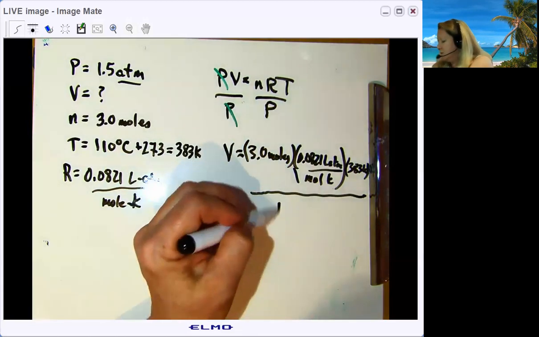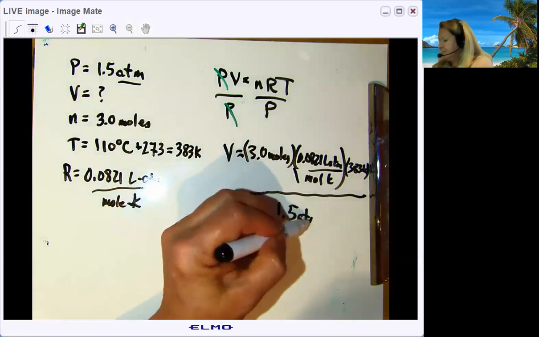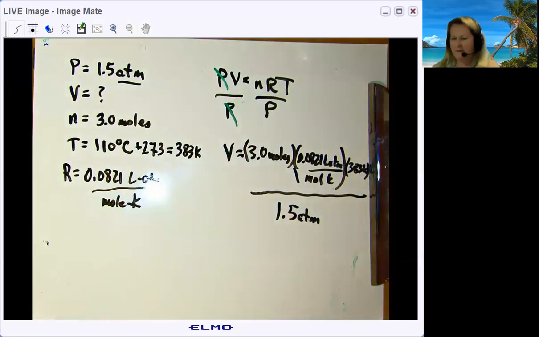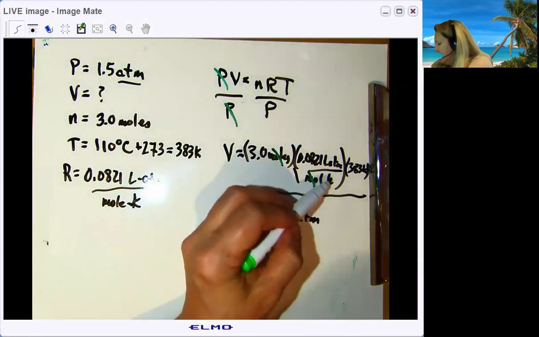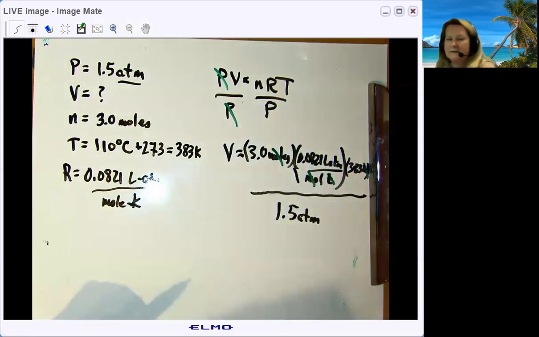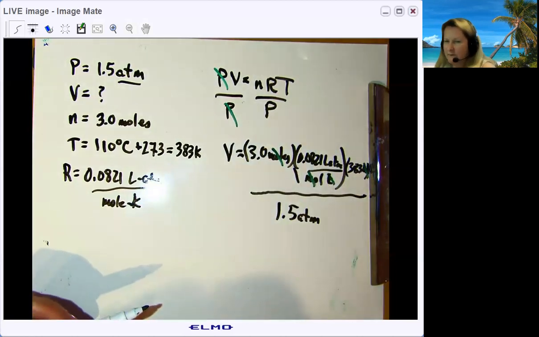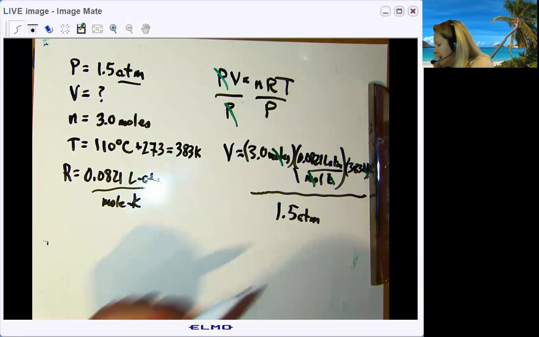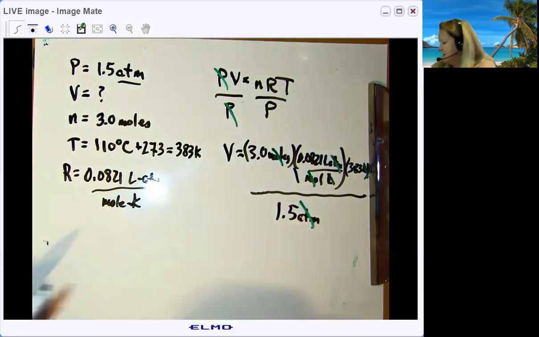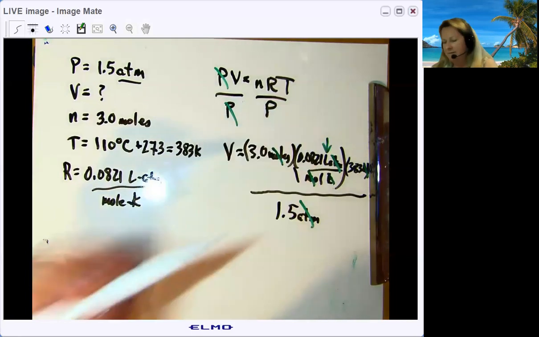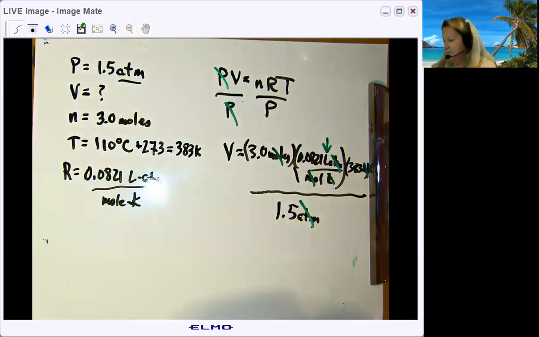And our pressure is 1.5 atmospheres. All right, let's cancel out our units. Moles are going to cancel out with moles. Kelvin is going to cancel out with Kelvin and leave us with 383. And ATMs are going to cancel out with ATMs. So the only unit we have left is liters.